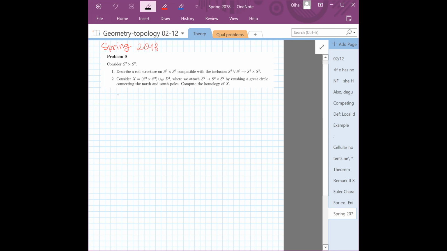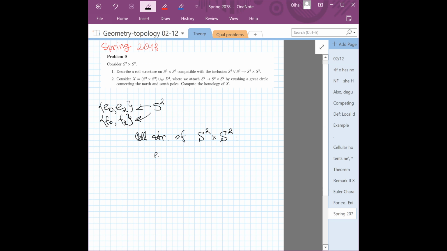So we know that the cell structure of S2 is a 0 cell and a 2 cell. This is for S2. Then we do a copy of that, and we multiply them together to get the cell structure of S2 × S2, the structure of our product.